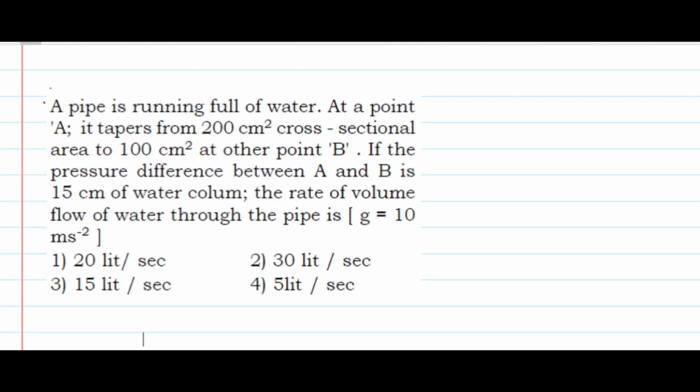Next, look at this: a pipe is running full of water at a point A. It tapers from 200 centimeter square of cross-sectional area to 100 centimeter square at the point B. The pressure difference between point A and point B is given as 15 centimeter of water column.